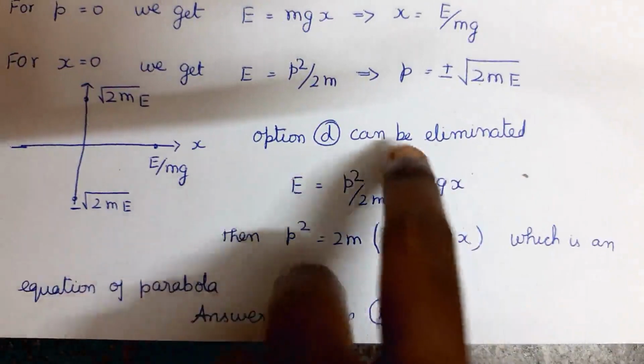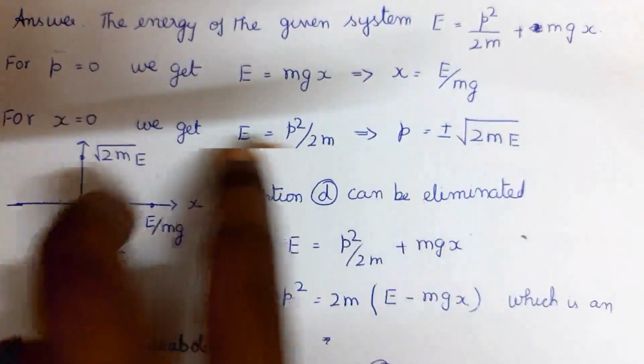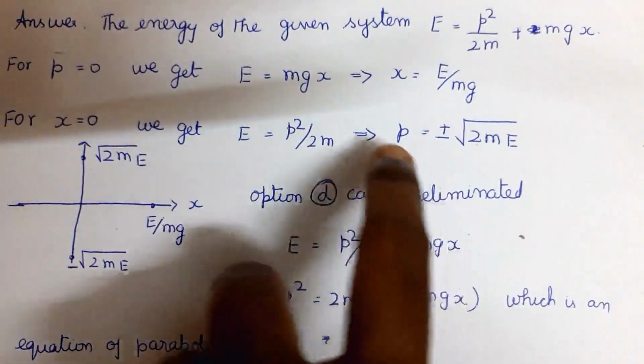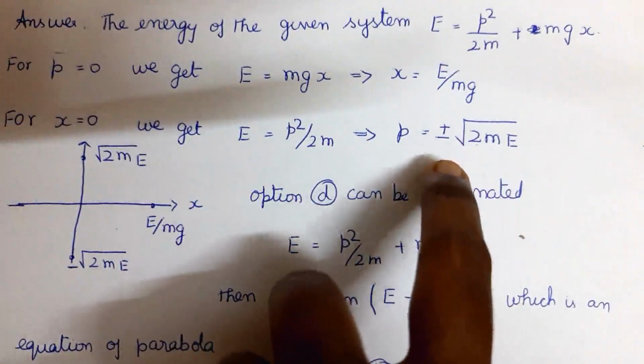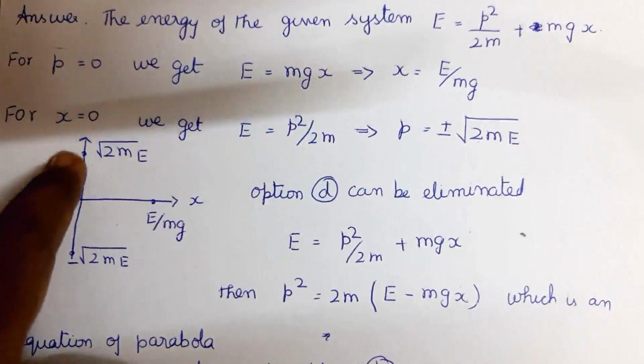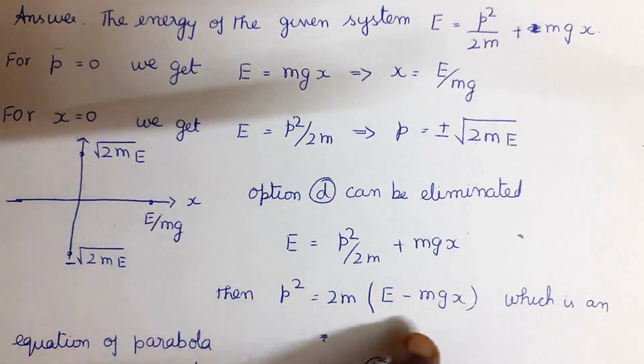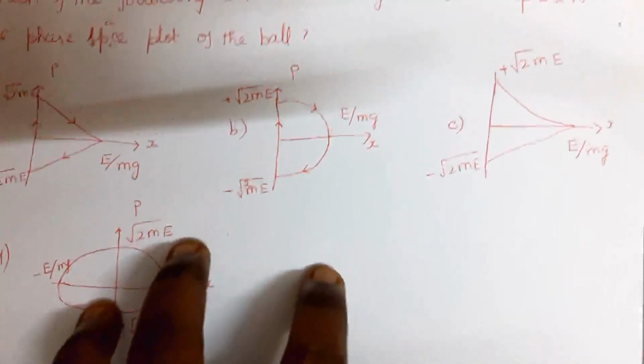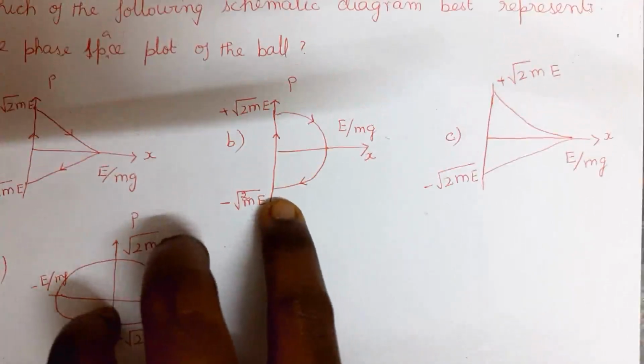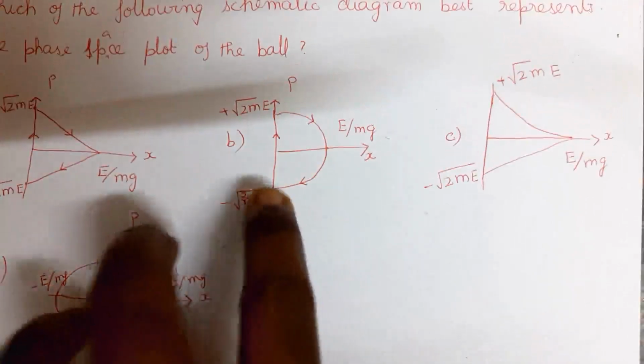Now we have also found the values of p when x is equal to 0. That will be coming as plus or minus root of 2mE. So the plus value will be plotted here and the minus value will be here. Now as this is the equation of a parabola, if you see the answer options, option B is a parabola. Therefore the answer is option B.